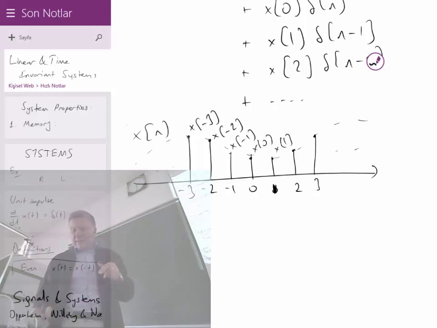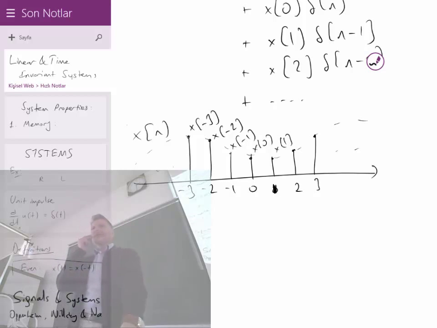But they are impulses. So this value of x of minus 3 is scaling an impulse at minus 3, that is delta n plus 3 here. So that's what it is. And we have another combination, x of minus 2 times delta n plus 2. It is this impulse, this impulse, this impulse, first, second, third. All these impulses will form our signal.